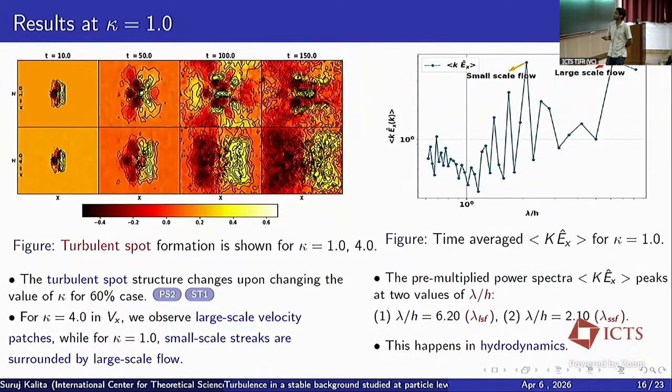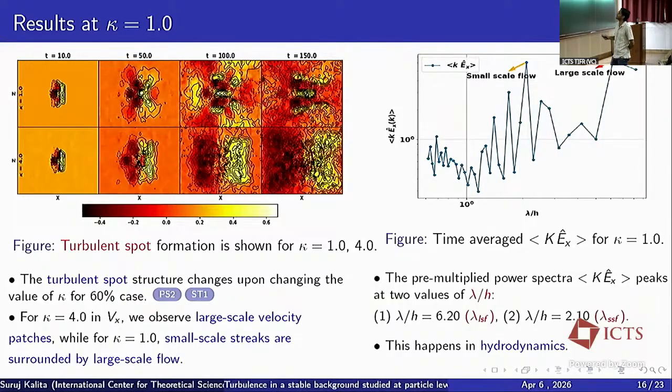And some of the results: when you change the range of interaction, the behavior also changes. For some range of interaction, when kappa is 4, you have this kind of turbulence spot, called butterfly-like structures. But when you change the range of interactions, a small-scale alternative structure is formed and surrounded by large-scale flow, and it's also evident from the scale-weighted power spectrum.